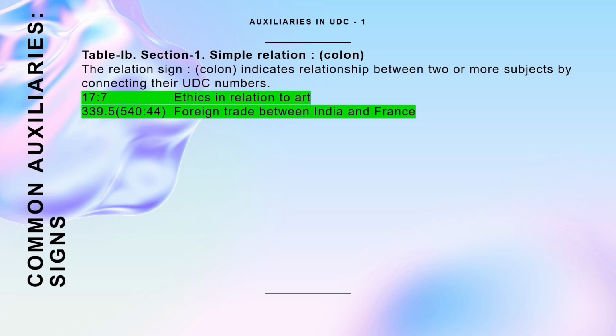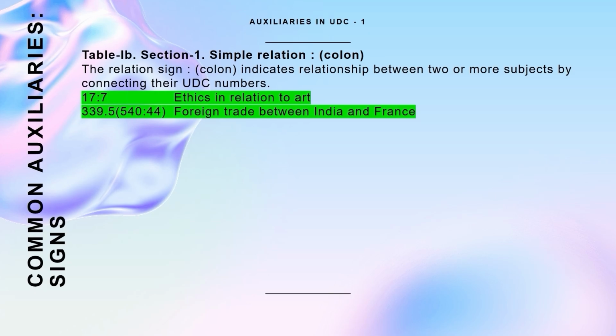So the relation between ethics and art, or ethics in relation to art, may be 17:7 or it may also be 7:17. Again you see the foreign trade, that is 339.5, and India is 540 and France is 44.